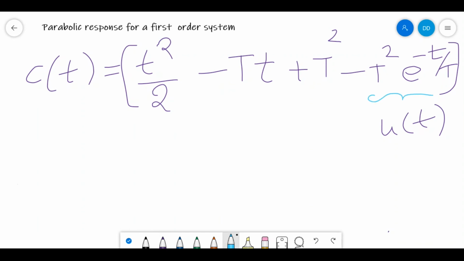So our transient term is minus T square e to the power minus t by T, and our steady state term is t square by 2 minus T into t plus T square.